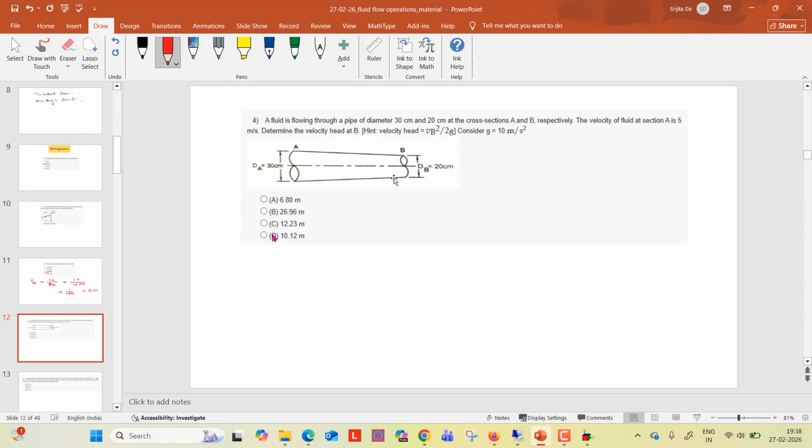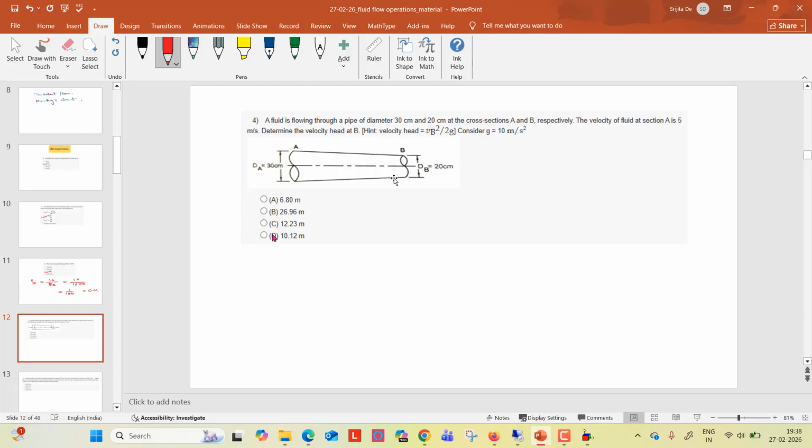Next, a fluid is flowing through a pipe of diameter 30 centimeter and 20 centimeter at cross sections A and B respectively. The velocity of fluid at section A is 5 meter per second.